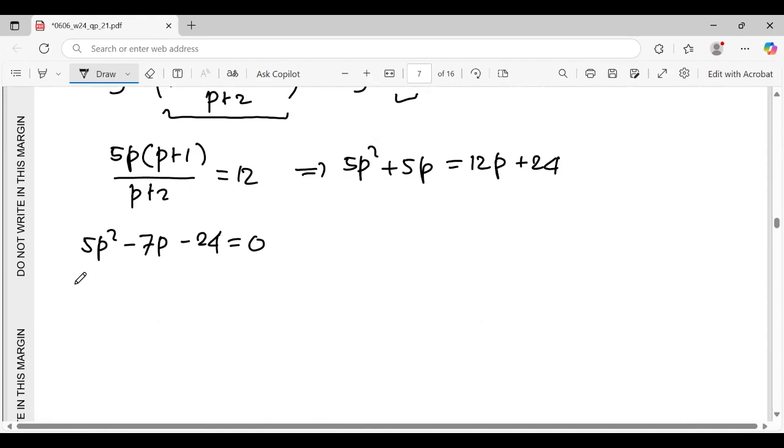When using the quadratic formula, p equal 7 plus or minus square root of (minus 7) squared minus 4 times 5 times minus 24, all over 10.